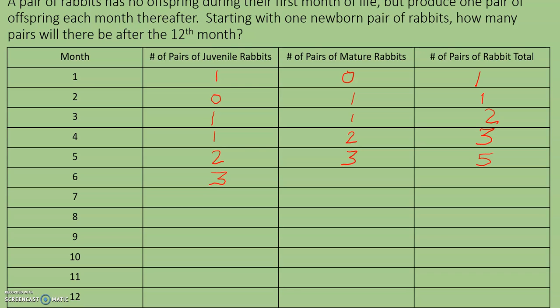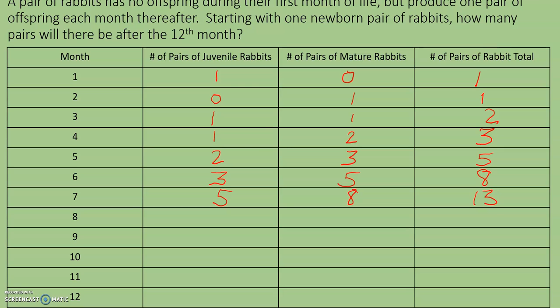We had our 3 pairs of mature, our 2 pairs of juvenile, 5 pairs, total 8 pairs. Our 5 pairs of mature give us 5 juvenile. We now have 8 pairs of mature rabbits, and we have 13 pairs of rabbits.